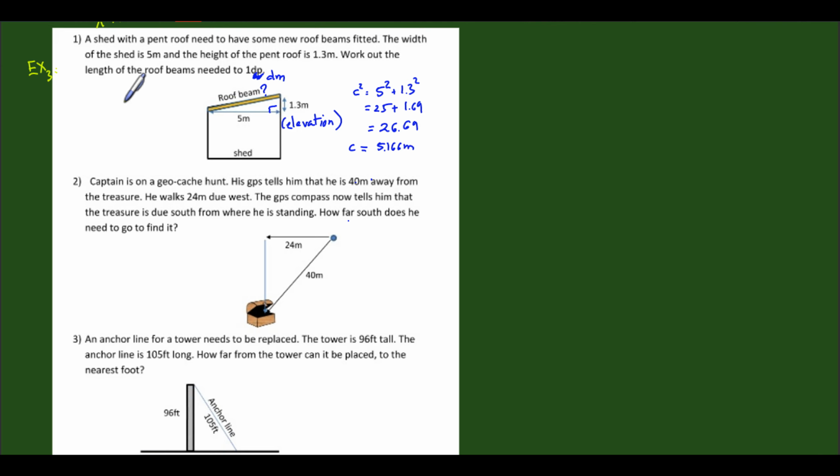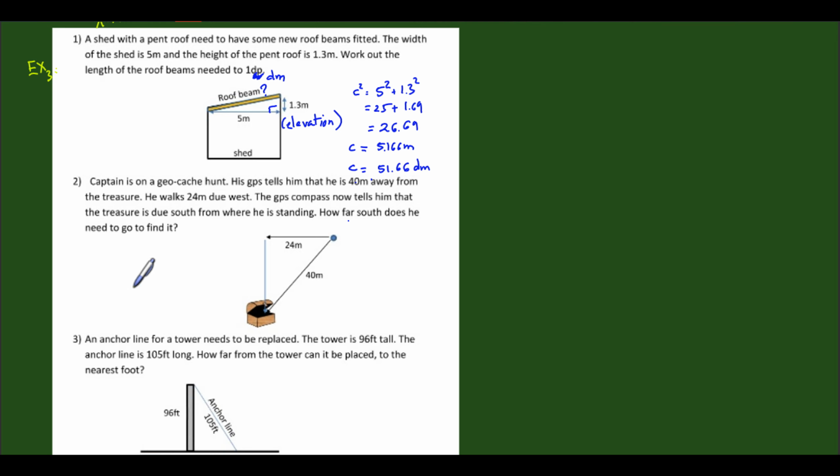Now we're going to change to decimeters. Remember the unit column I already gave you last time. So c will be meters to decimeters, which gives you 56.6 decimeters. Okay, so that's how you do it.